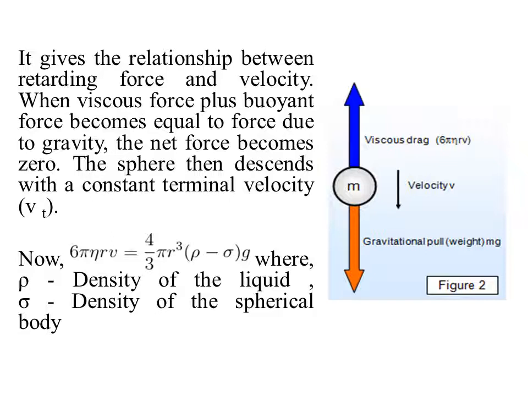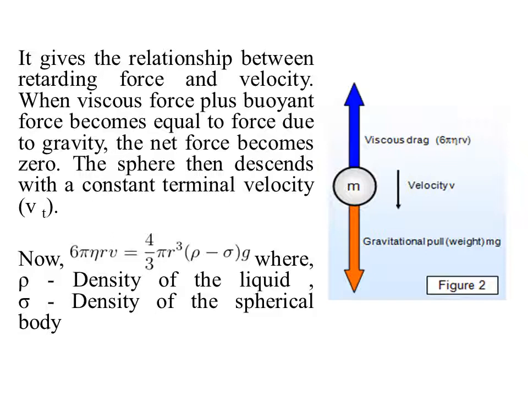Here (4/3)πr³ρg involves the density of the liquid, and (4/3)πr³σg involves the volume of the ball which is coming down. So 6πηrv is the force between the liquid layers. These forces will be equal when the ball attains the terminal velocity, that is, the constant velocity.